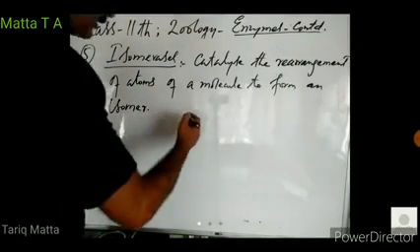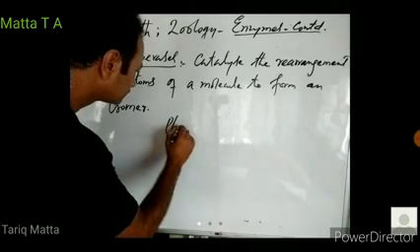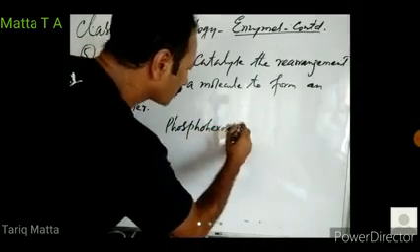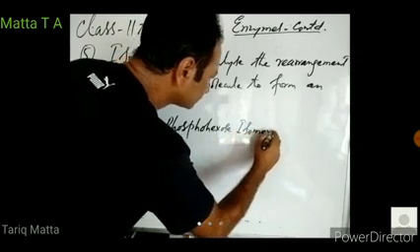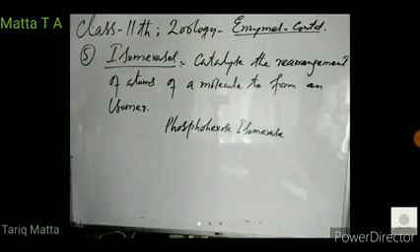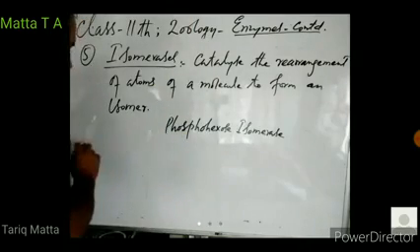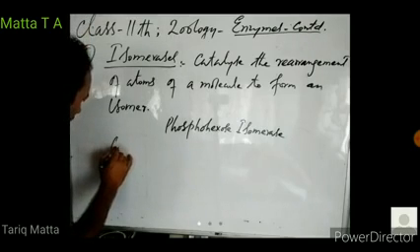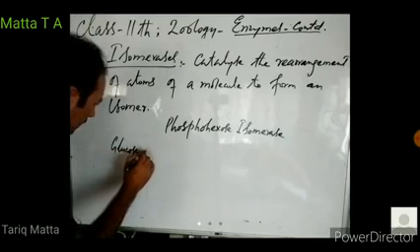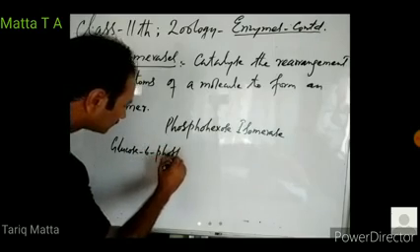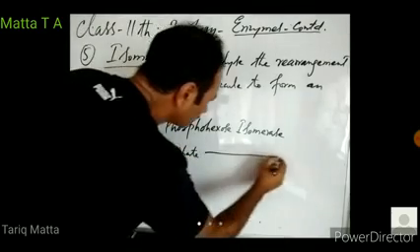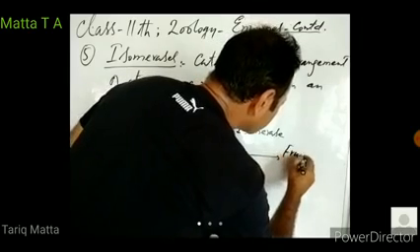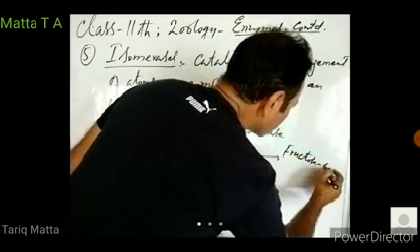For example, phosphohexose isomerase. It is an enzyme. It catalyzes the conversion of glucose 6-phosphate, in the presence of phosphohexose isomerase, into fructose 6-phosphate.